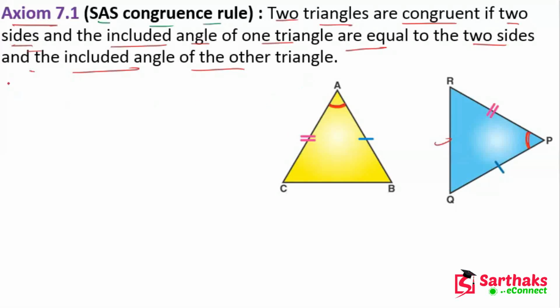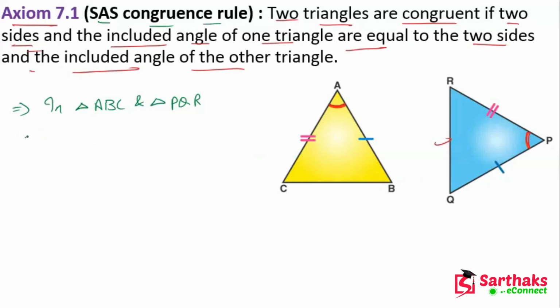This statement need not be proved because this is an axiom. According to this axiom, in triangle ABC and triangle PQR, you can see that both triangles are in different orientation.